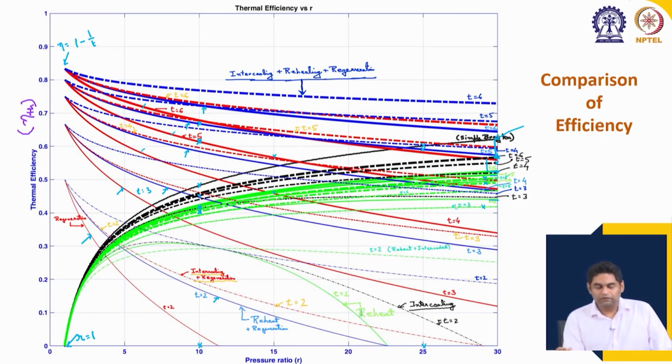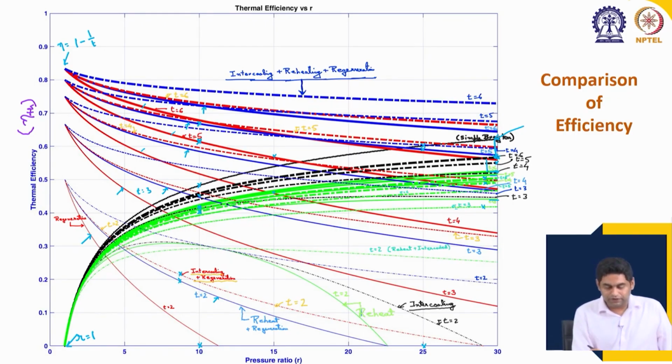On the other hand, if we add intercooling with regeneration, we had noted when we were discussing that here the effect of intercooling is surprisingly strong when it is combined with regeneration, and we get a more pronounced increase as compared to adding reheat to the regeneration cycle. These red dashed lines are the intercooled plus regeneration, and you can compare with the solid blue lines, which are without intercooling, regeneration and reheat cycle.